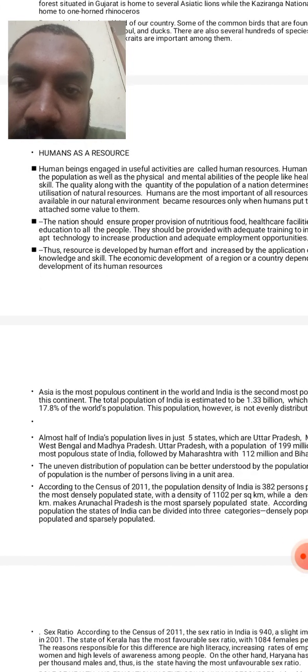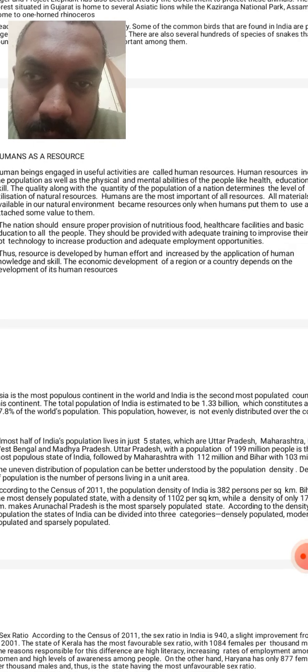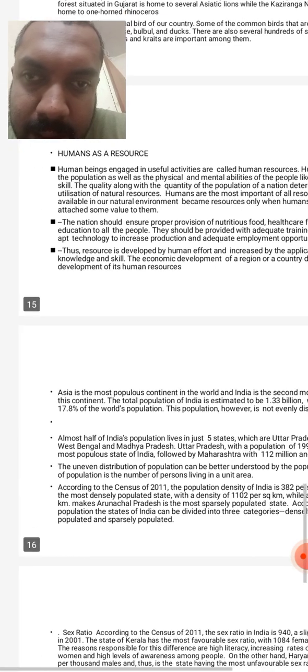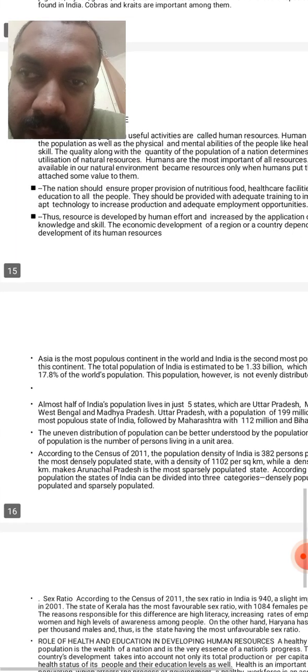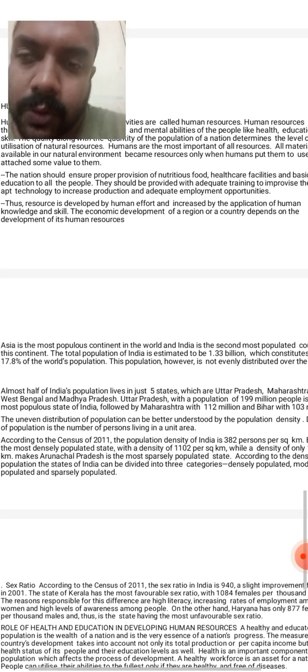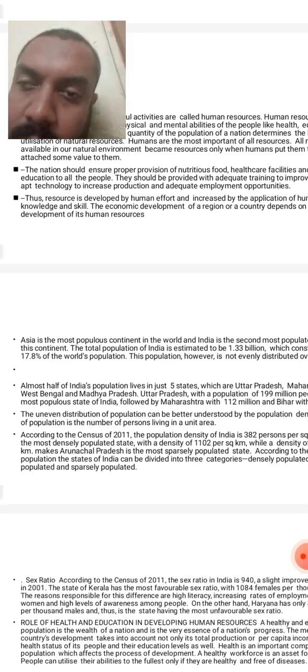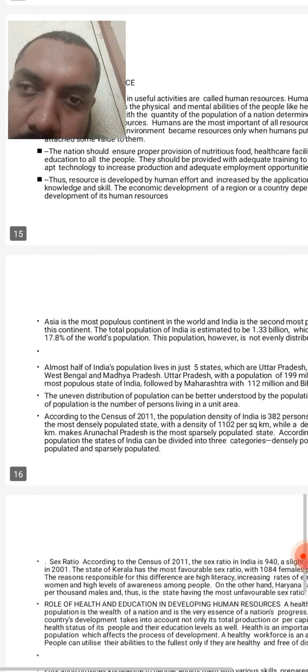The nation should ensure proper provision of nutritious food, healthcare facilities, and basic education to all people. They should be provided with adequate training to improve their technology and increase production, and adequate employment opportunities. The resource is developed by human effort and increased by the application of human knowledge and skill.